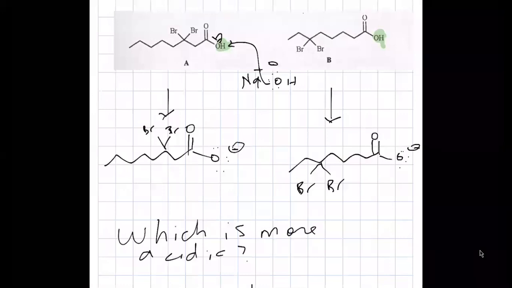The charge in each case is on oxygen, and oxygen is sp3 hybridized. It is the same atom, so you're not comparing different atoms, and you don't have to worry about size, electronegativity, or hybridization, because each one of those atoms is the same.